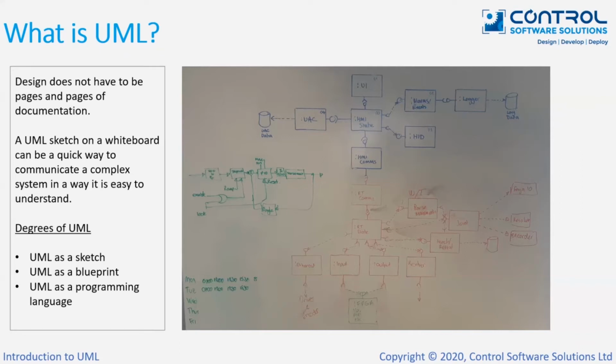Often I'll make a sketch, we'll have a look, implement the code, and then photograph it and stick it in the project file. As you can see here, I've got a very rough sketch of a component diagram, and then some other nonsense on the whiteboard as well.